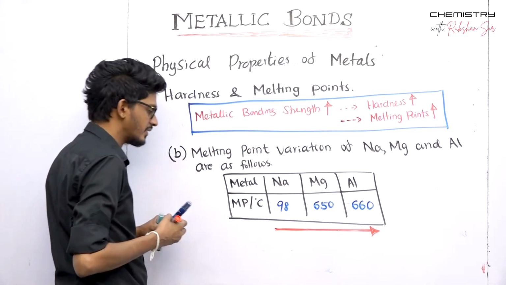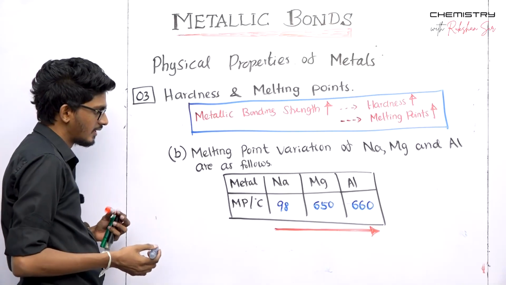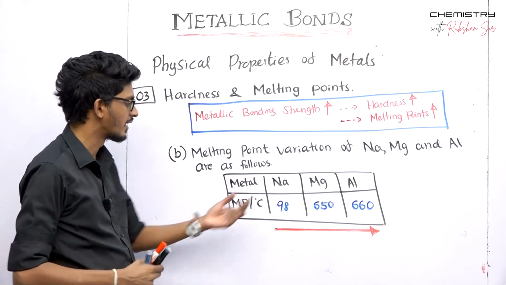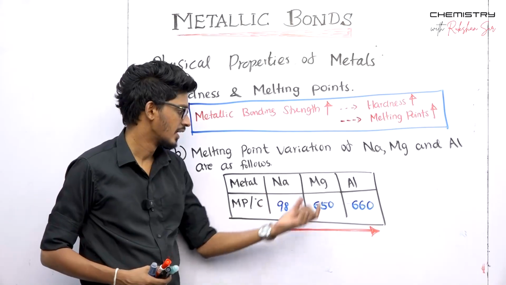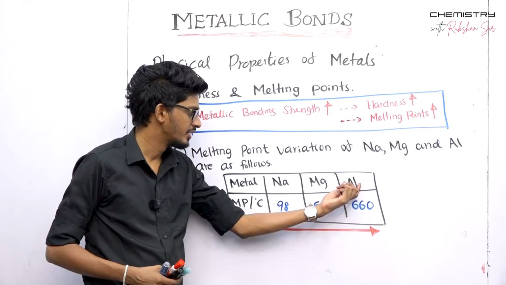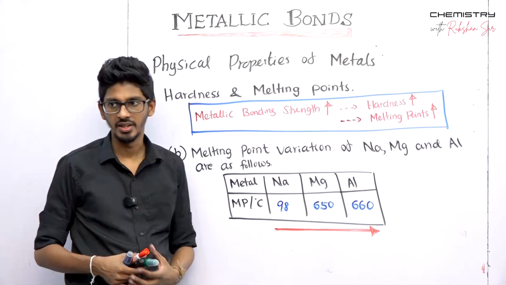The number of electrons released to the electron sea will increase. Sodium releases only one electron, forming Na plus ion. Magnesium releases 2 electrons, forming magnesium 2 plus ion. And aluminium releases 3 electrons to form the aluminium 3 plus ion.